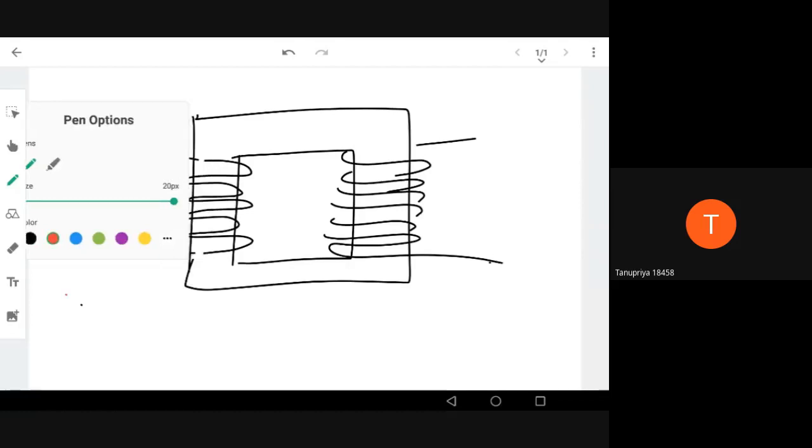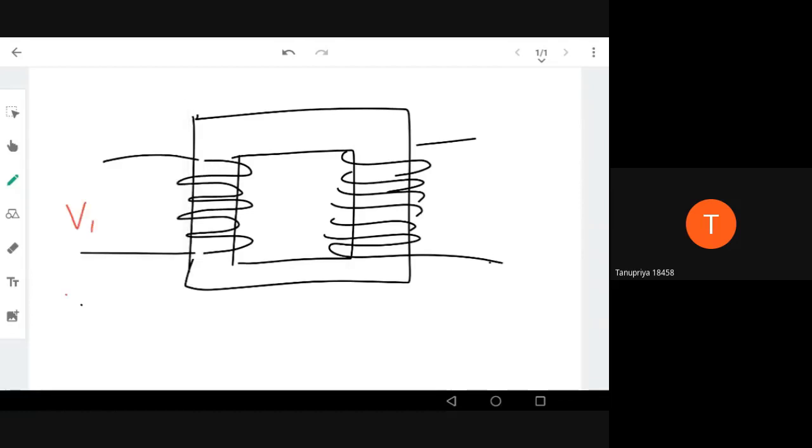We'll be applying some input voltage V1, with output voltage V2, and there will be current I1 and output current I2. So in analytical modeling, we represent the system, which can be a mechanical system, electrical system, hydraulic system, or any kind of system like a pneumatic system based on gases, etc. We represent the system using an equivalent circuit or into its minute components.